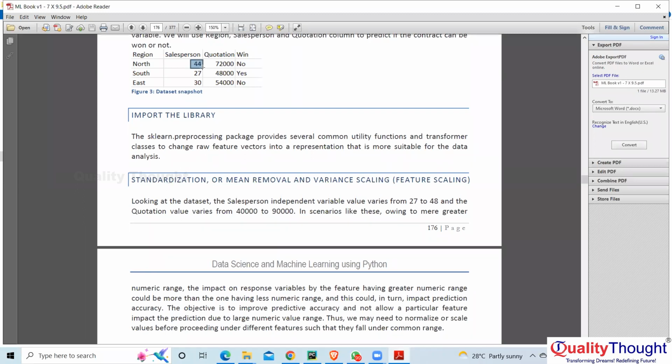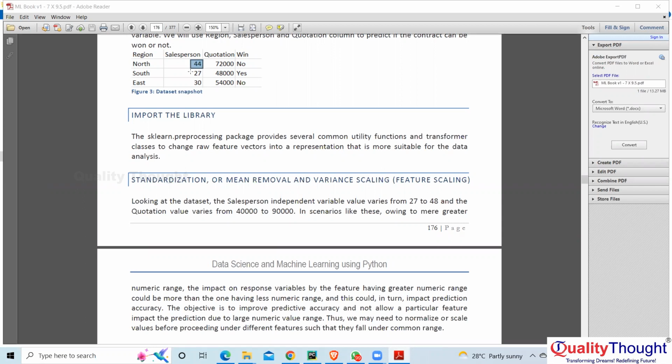So for 44, it will be 44 minus 27, divided by max minus min, 44 minus 27. See, 44 minus 27 by 44 minus 27 will get cancelled, so you get 1. That's how you end up getting 1 for this.